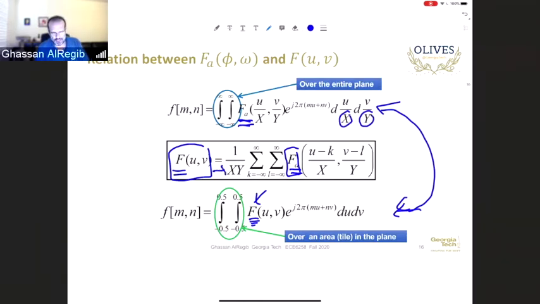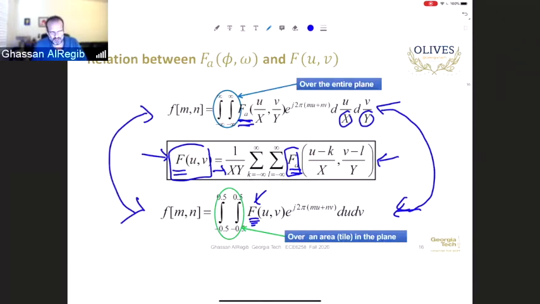So what this equation is doing is, I'm going to F sub A, and I keep shifting it with these integers K and L, and I keep basically bringing it to create that one by one tile that will give me this. So now once I do that, this explains why I have these two equations in here that are equivalent to each other.